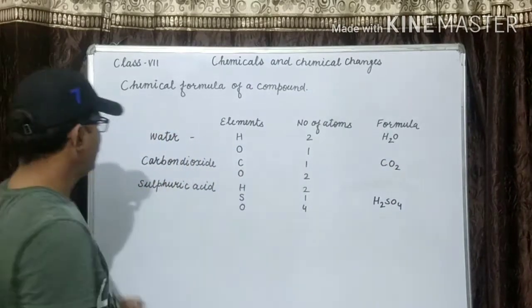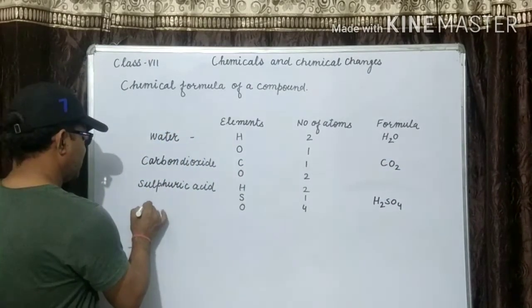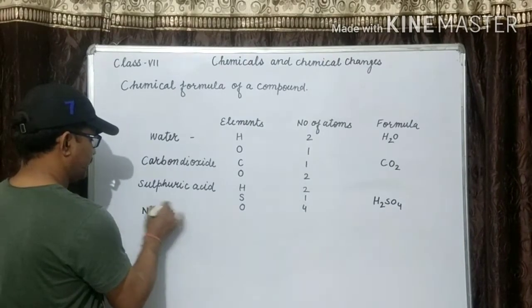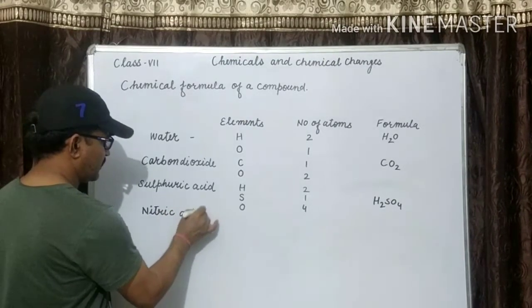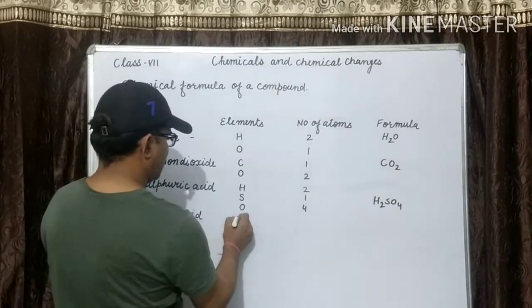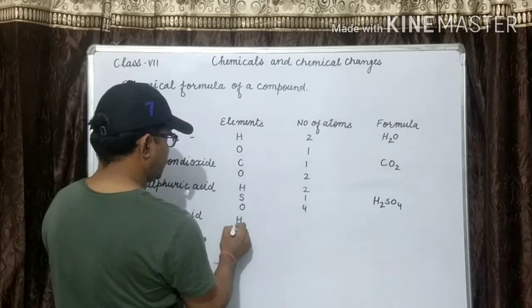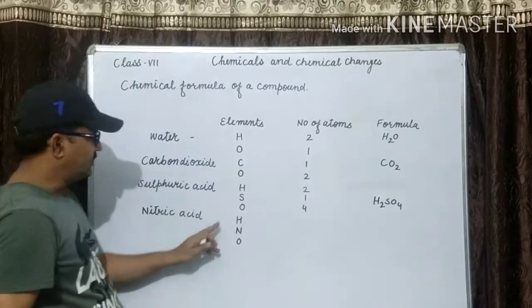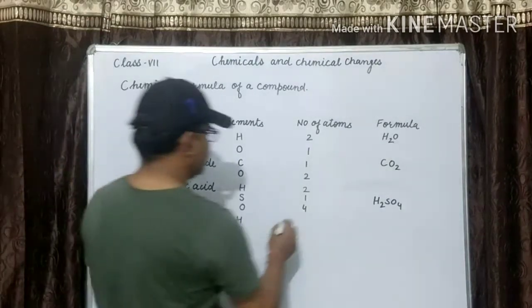One more example: nitric acid. The elements present are hydrogen, nitrogen and oxygen. Hydrogen, how many atoms? 1.